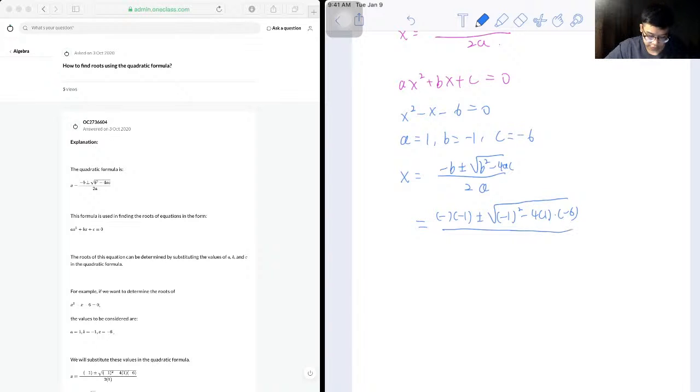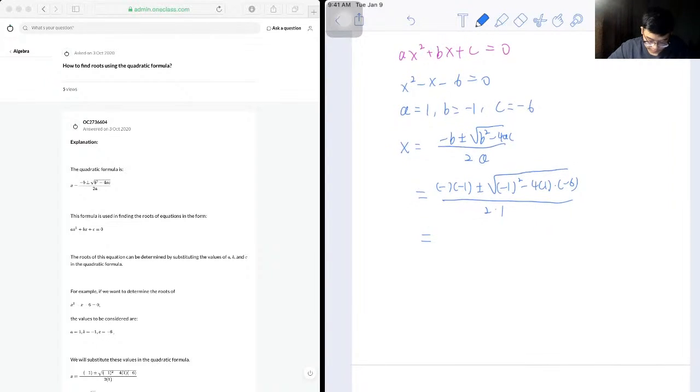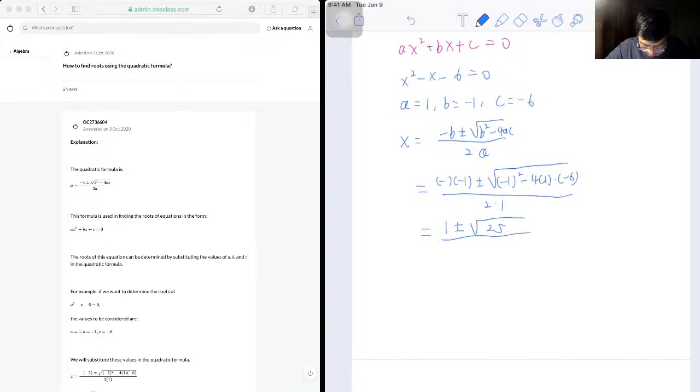And the bottom part is just 2 times 1. Right. And we will solve this. Negative negative 1 becomes 1. And in the square root, we got 1 plus 24, we got 25. And for the denominator part, just 2 times 1.